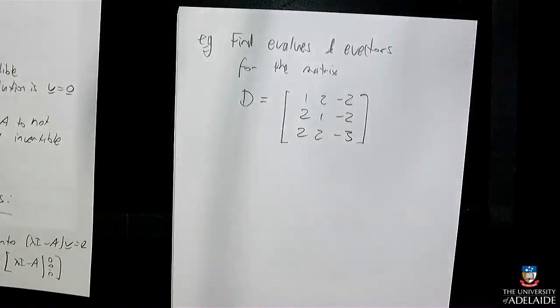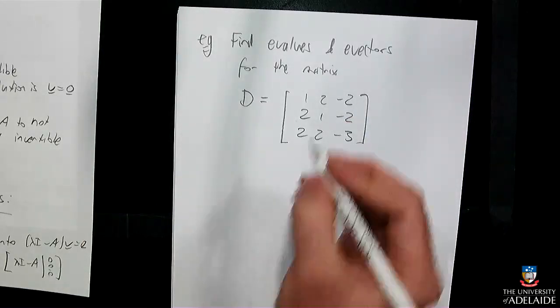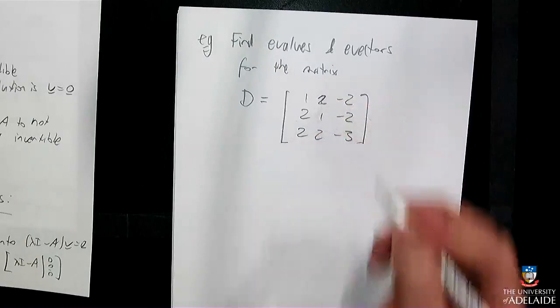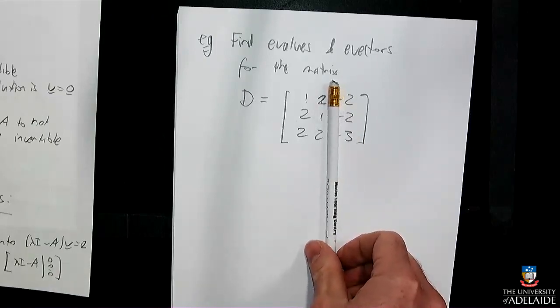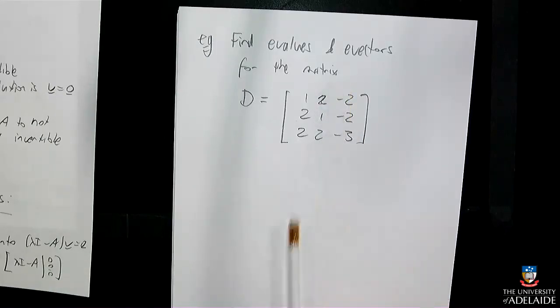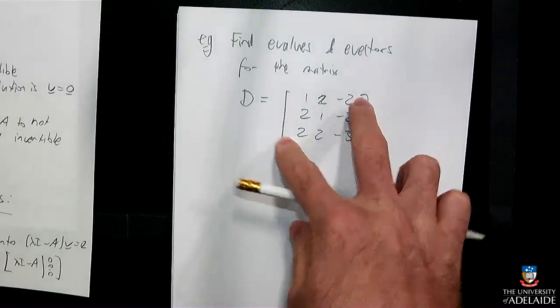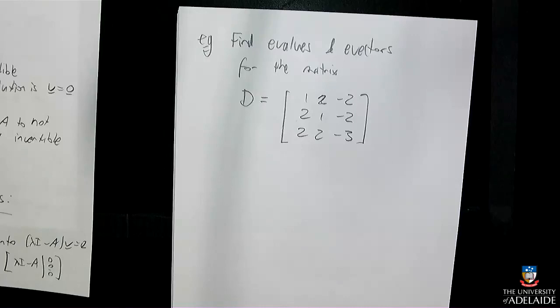This matrix: 1, 2, minus 2 on the top row. Second row is 2, 1, minus 2. Third row is 2, 2, minus 3. This matrix is cool for all sorts of reasons. If I got rid of those minuses, it would be a symmetric matrix. But it's not a symmetric matrix because those minuses are there. So this one doesn't match that one, for example. The right size, but the wrong sign.